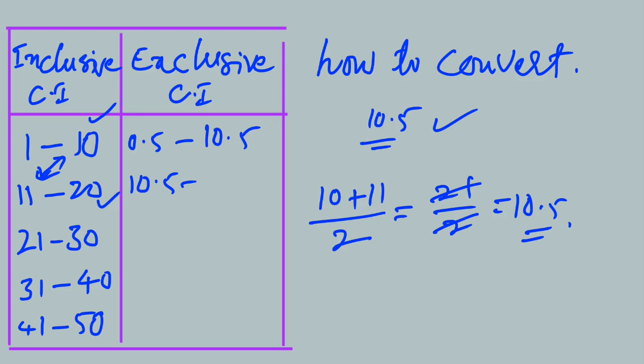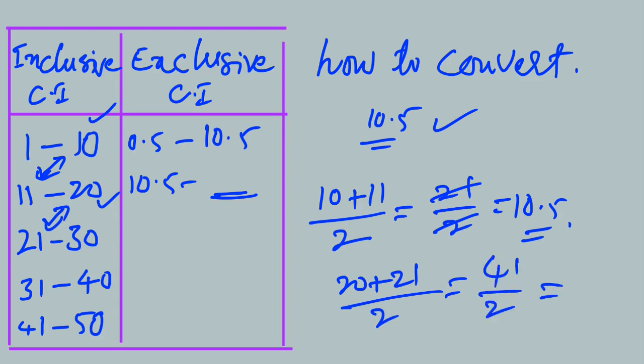And what about the upper boundary of the second class interval? We are converting into exclusive, so these are all boundaries. To get the second class interval's upper boundary, again we find the average of 20 and 21, that is 41 by 2, which is 20.5.